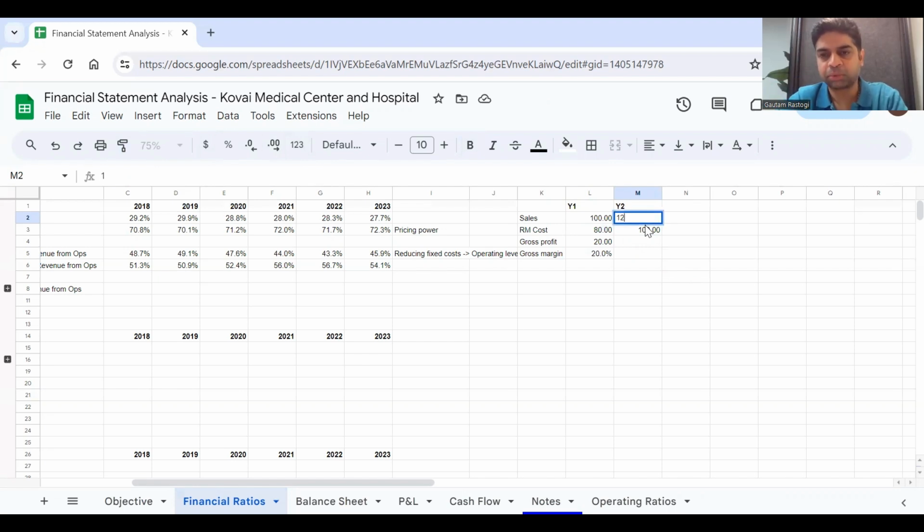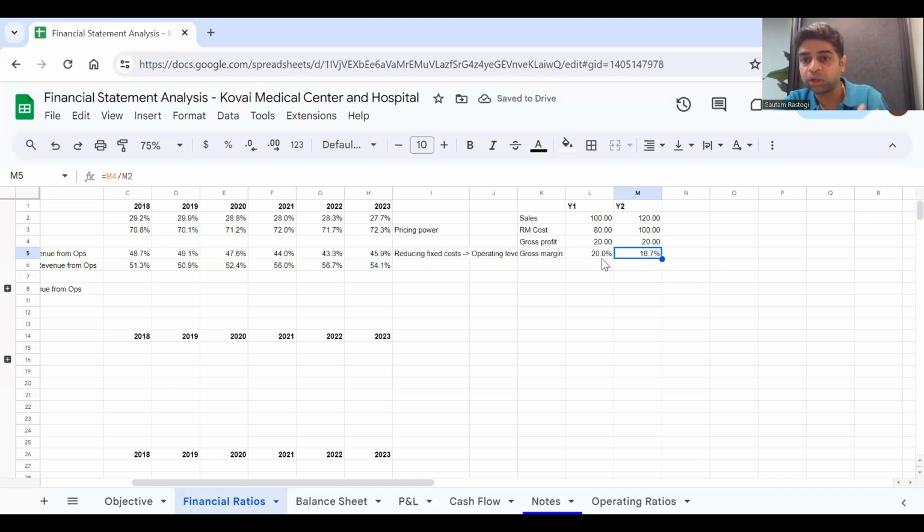So it sold that product for 120. The gross profit they made is the same. The spread between raw material and sale is the same, 20 rupees or what have you. But the margin dropped from 20% to 16.7%.